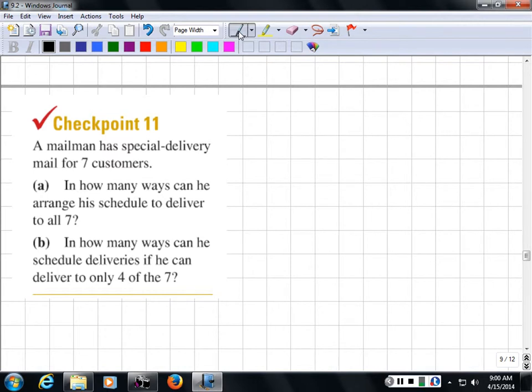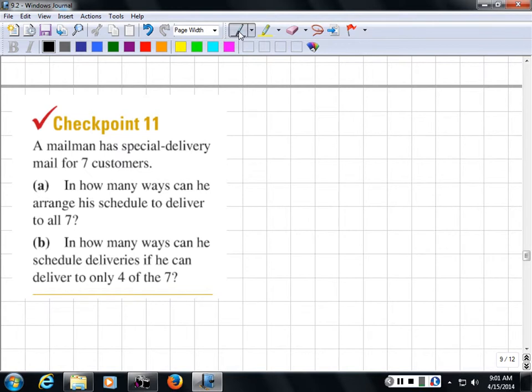It was. A mailman has special delivery mail for 7 customers. In how many ways can he arrange his schedule to deliver to all 7? This is a permutation. Is order important? Well, yes, because this is in how many ways.